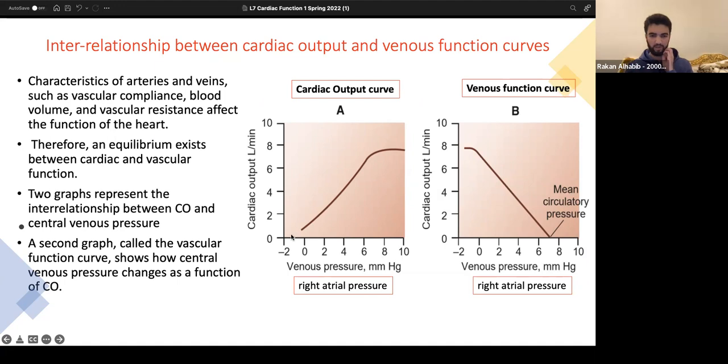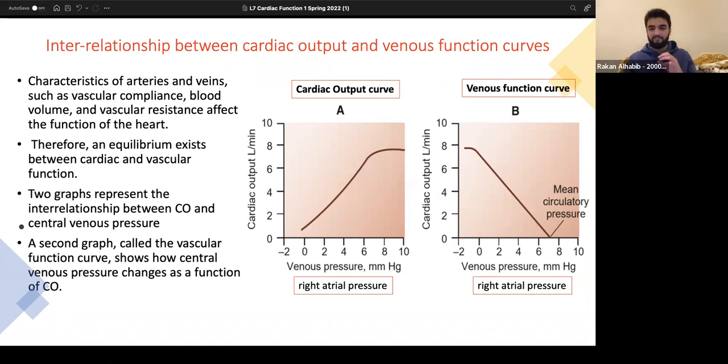So basically what I'm saying is that as I increase the cardiac output, the venous pressure will increase due to the fact that you have less blood in the veins. And therefore, if there's less blood in the veins, they will constrict so that we can have more venous return, so that I can have the next cardiac output.